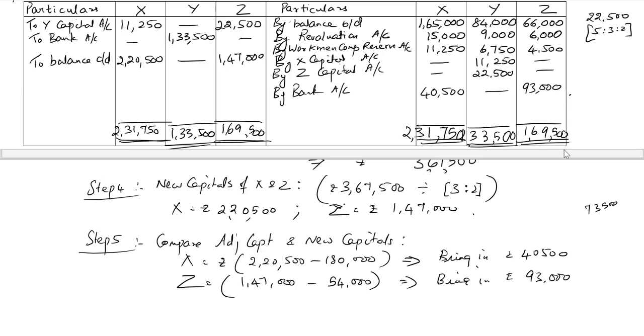And the debit side total is also 1,69,500 rupees. So this is the partners' capital accounts. We'll go ahead with the balance sheet.